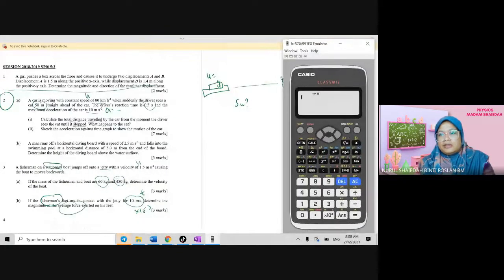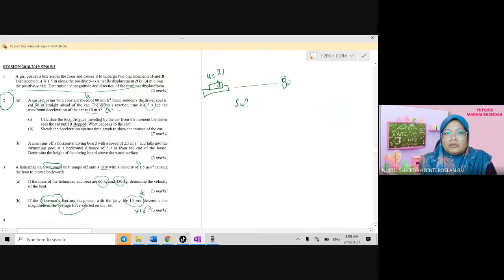So tekan shift convert, nilai kan mass velocity 1. So saya daripada kilometer per hour nak tukar kepada nilai, so nombor 1. So saya pergi kepada 80. So saya dapat 22.22 lah. So 22.22 m/s negative 1.